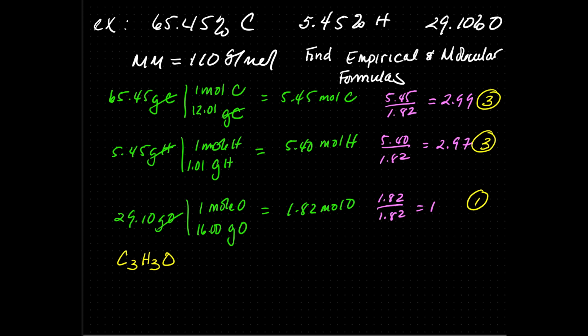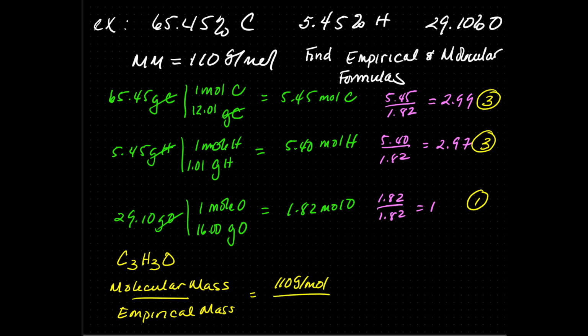Now we need to find the molecular formula. Since empirical formula is the lowest ratio, we need to find the ratio between the molecular formula over the empirical formula. So we need to have the molecular mass divided by the empirical formula mass. The molecular mass is provided in the problem as 110 grams per mole.